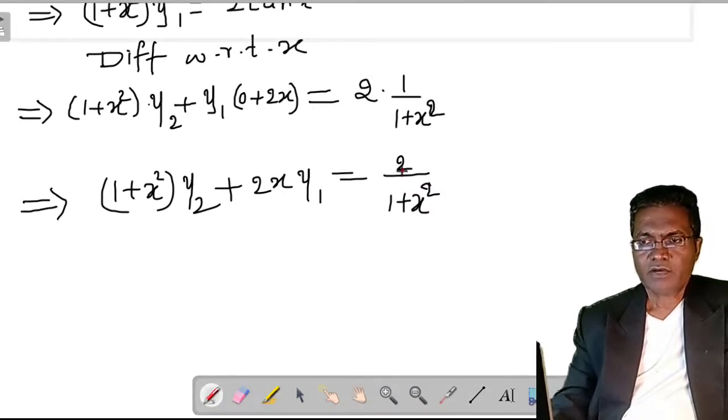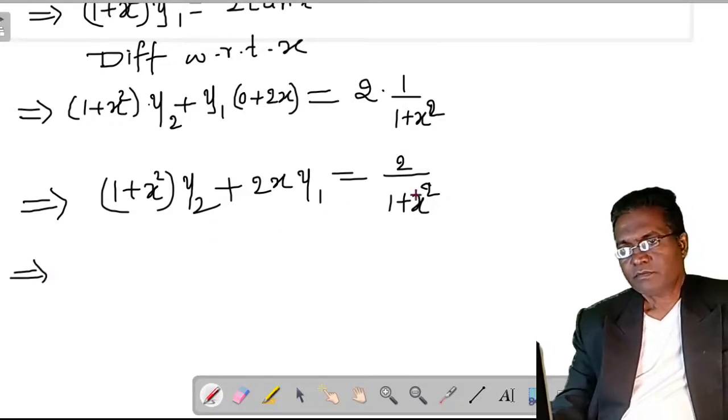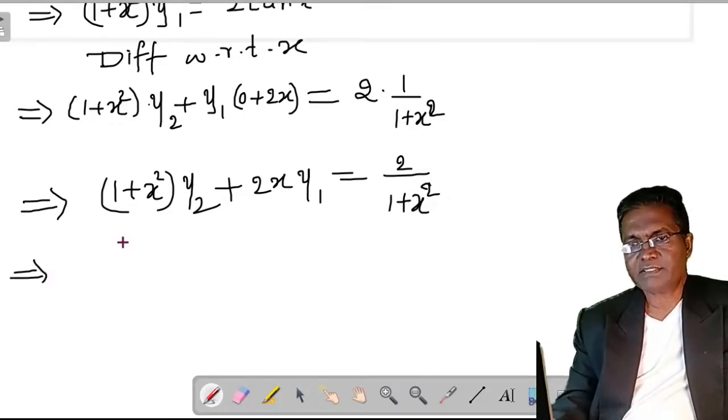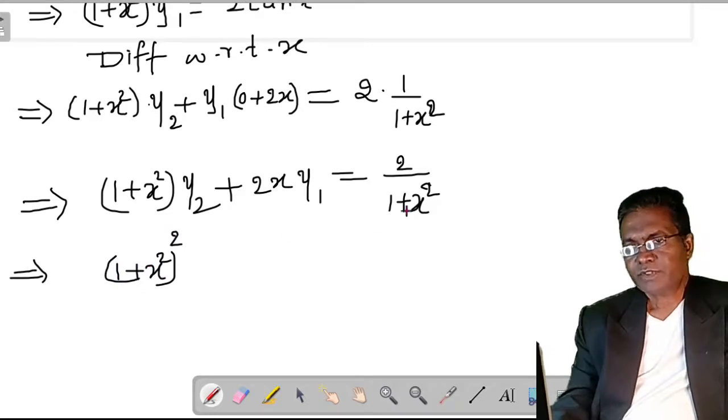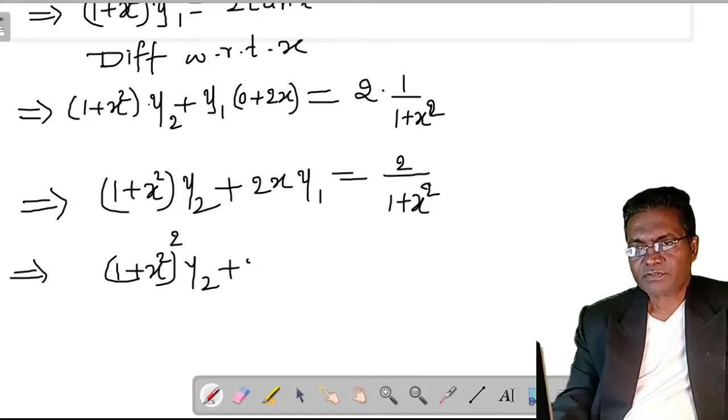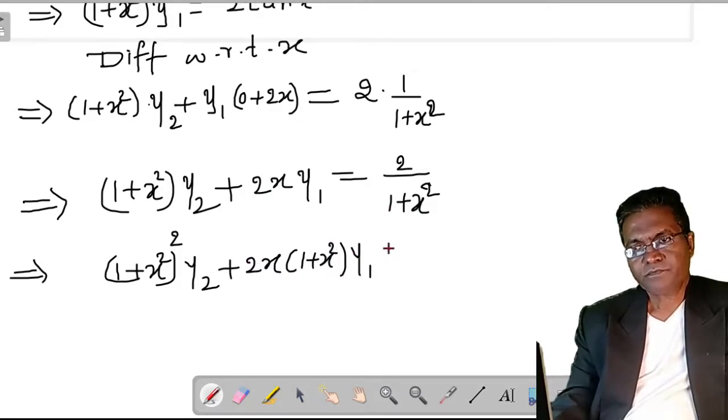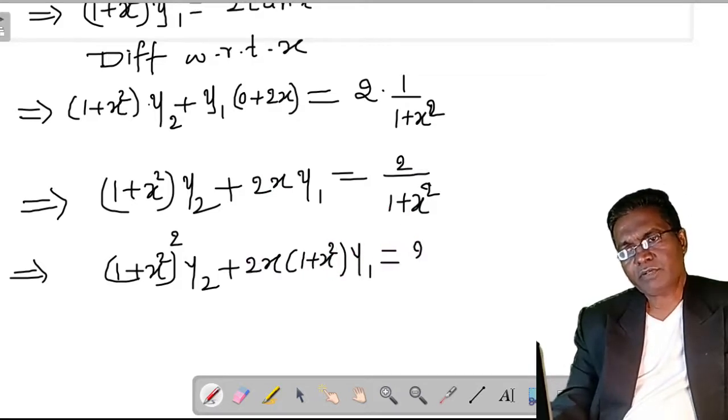Okay, now cross multiply. Bring this 1 plus x square this side. So 1 plus x square into 1 plus x square, you will get 1 plus x square whole square. Similarly into y2, 2x into 1 plus x square y1 equals to, you remain with 2.